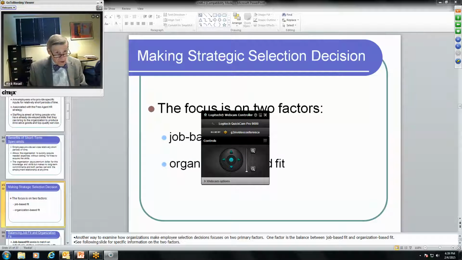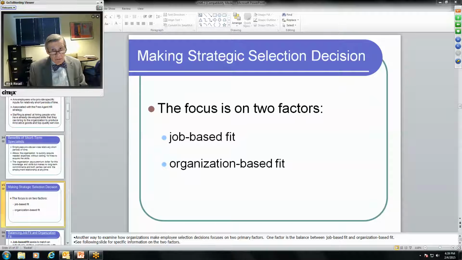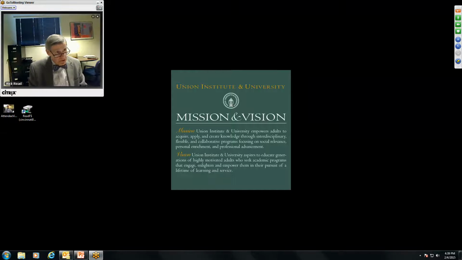with the organization's culture. I believe that I have mentioned that Toyota does this, especially for its middle managers and upper level management. They spend several days with a candidate, and notice I used the term candidate because that person has gone through the various phases and is now figured to be somebody who's up for the job, or at least going to be considered for the job.